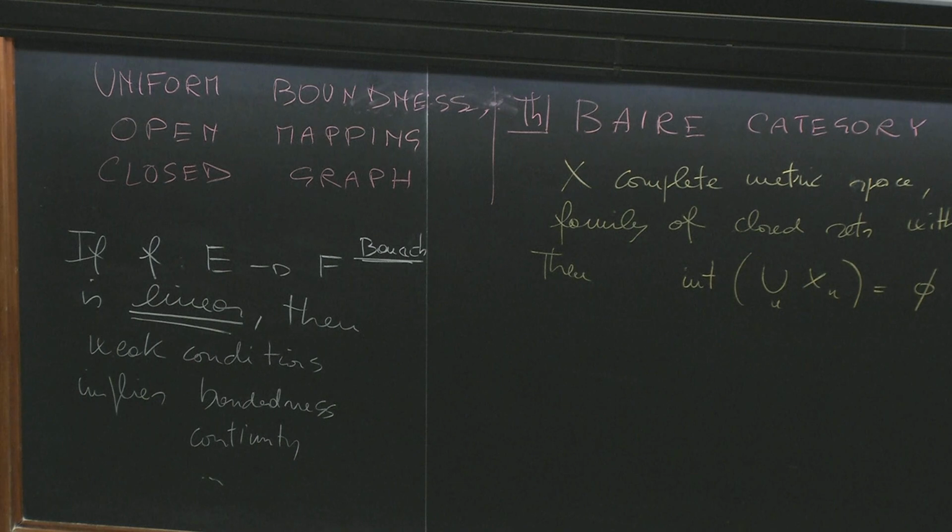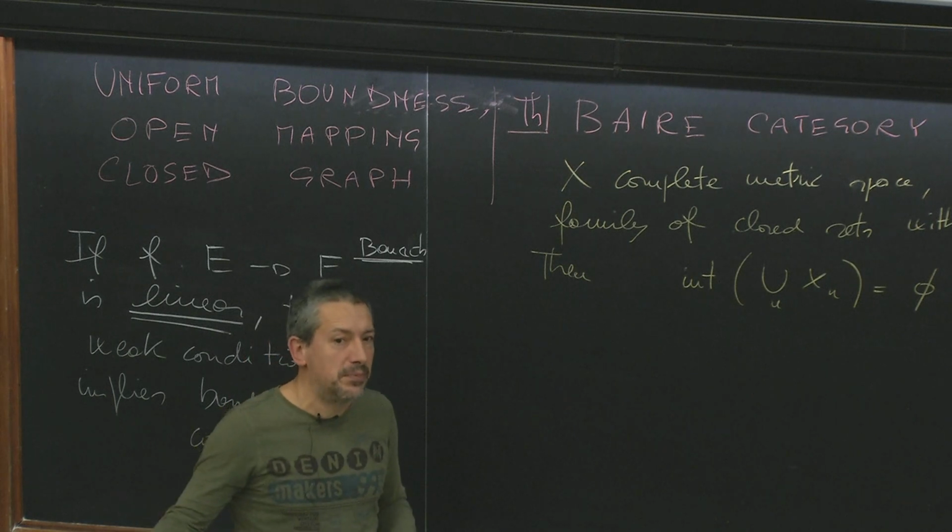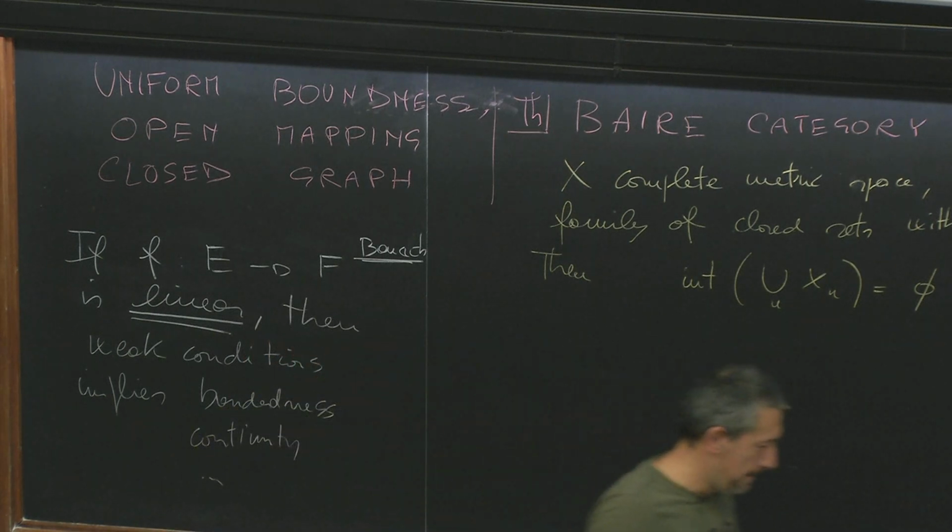I don't know if you would like to have the proof, or you already know the statement and we skip the proof. This is up to you, because if anybody doesn't remember or prefers to see the proof, this theorem is very deep, because it tells you something very deep about complete metric spaces.